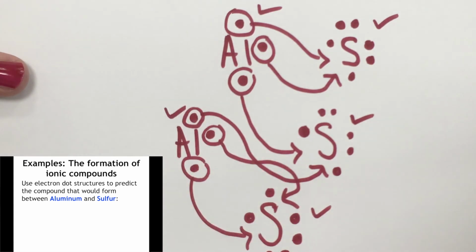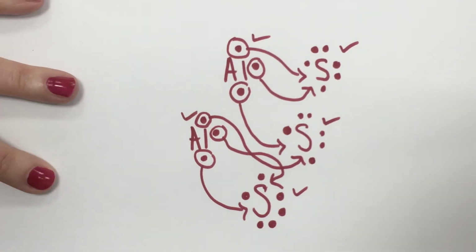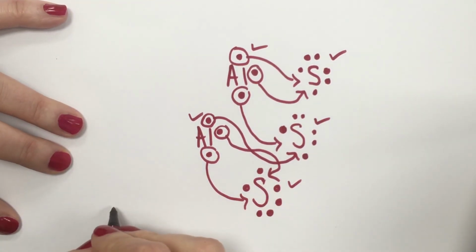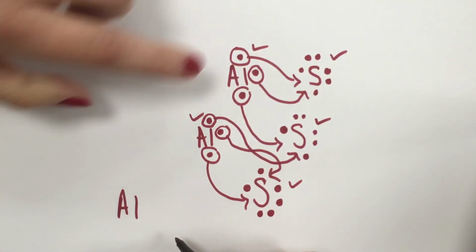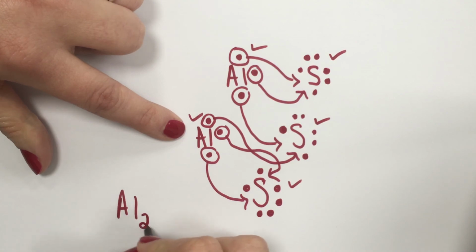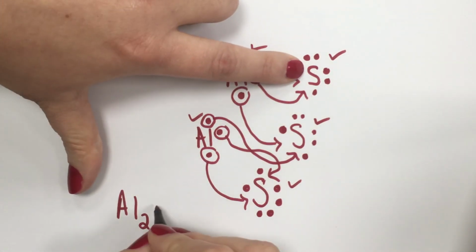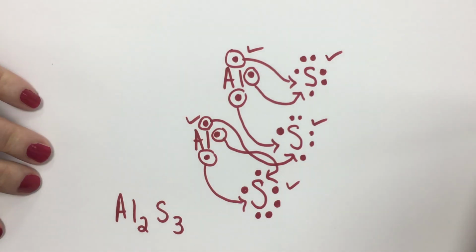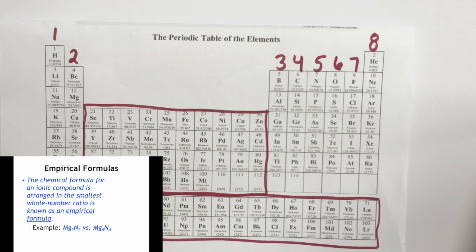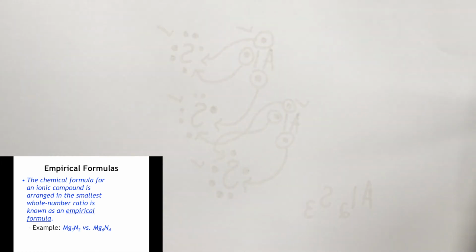This one has gotten rid of all of its electrons, so we're done. The actual formula would be Al. We always write the metal first, and we have 2 of them. So Al2, S, and we have 3 of them. Al2S3. And that's how you would solve that. Empirical formula, so it's just the reduced formula.